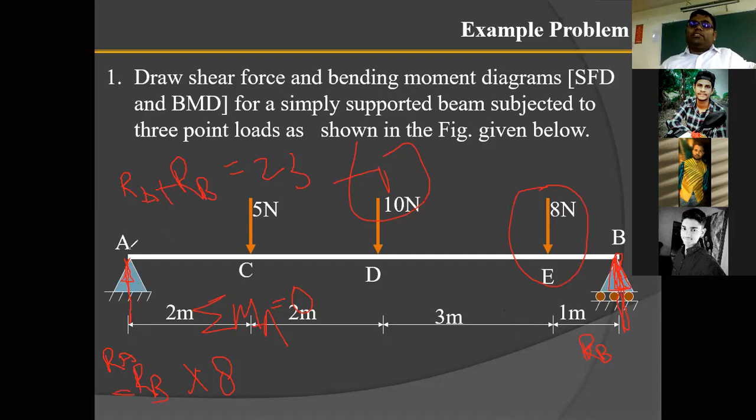Then you consider this 8, understood, and the perpendicular distance from A, 3 to 2, 7. Okay, and what is the sign here?